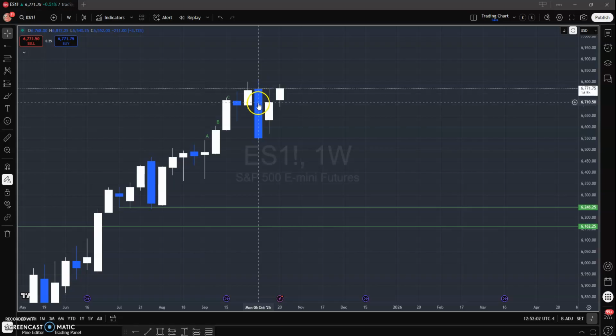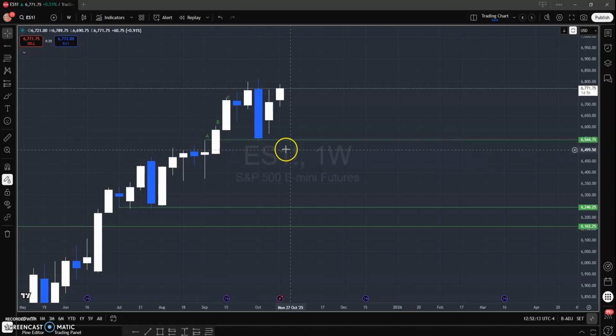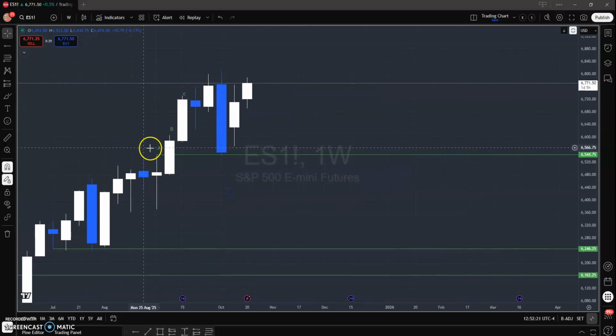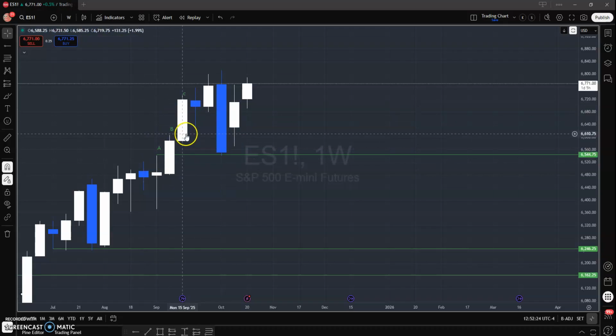And then this large downward candle that happened a few weeks ago only went to right there to touch candle A. It touched candle A and therefore closed this fair value gap. So it closed this one and this one.